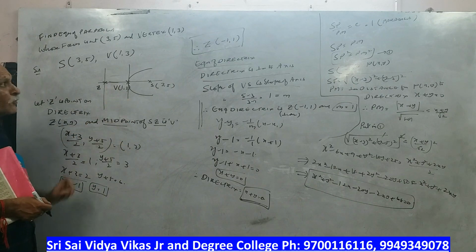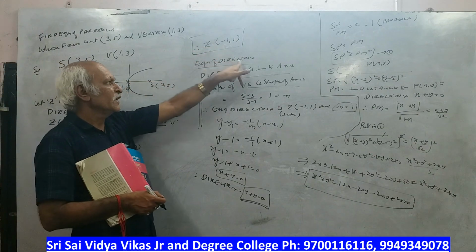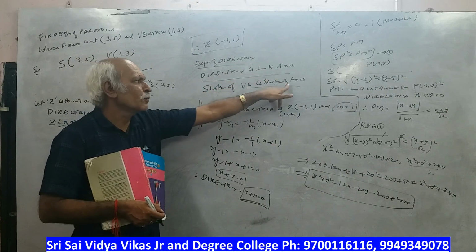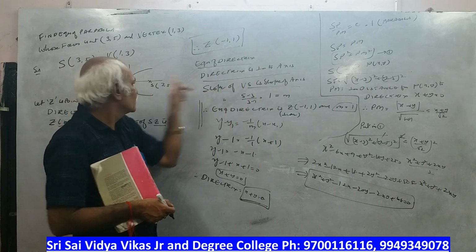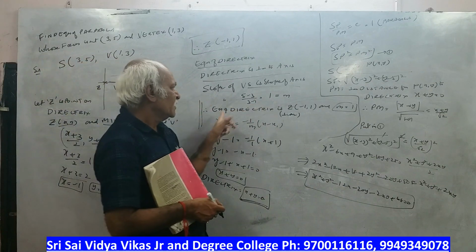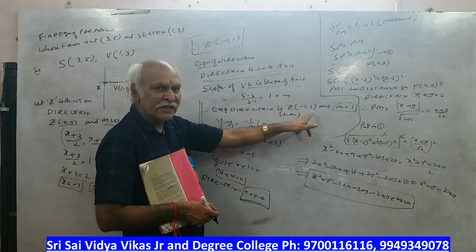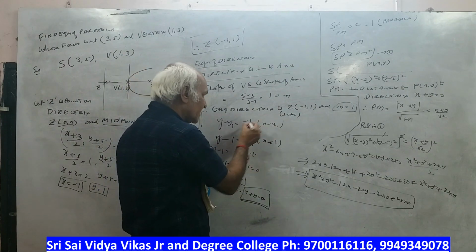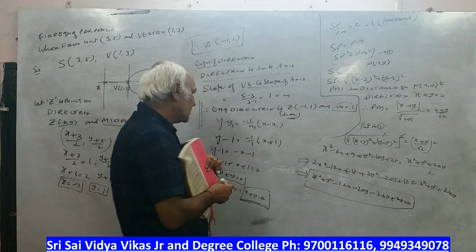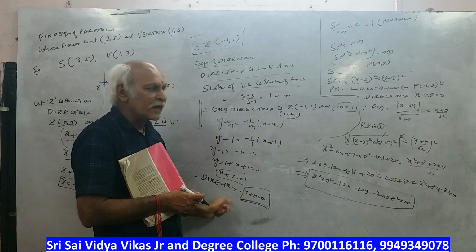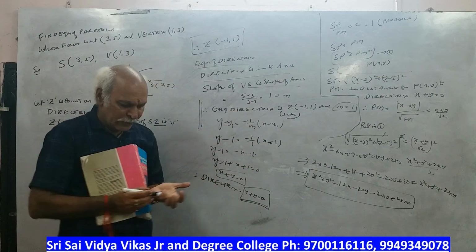Using that concept you find the coordinates of Z. The directrix is perpendicular to the axis. The slope of VS will be the slope of the axis. So we got this: the equation of the directrix passes through Z (minus 1, 1) and the slope is 1. But what is the condition? It is perpendicular. So y minus y1 is equal to minus 1 by m into (x minus x1). Using that we got the directrix. From there we continue. Please note this.